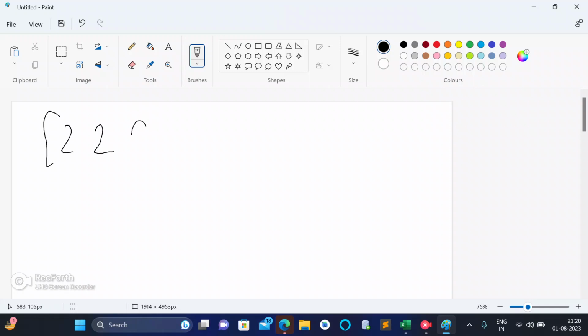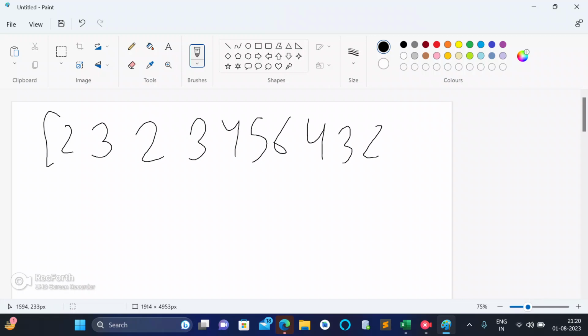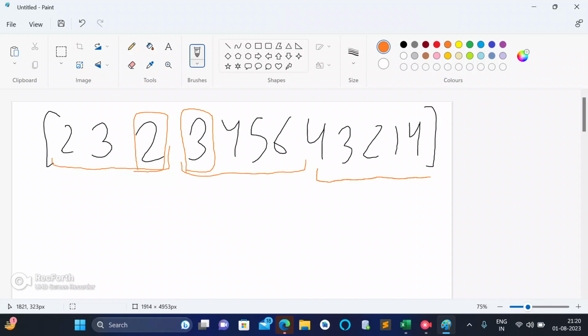Let's say I put the numbers as 2, 3, 2, 3, 4, 5, 6 and 4, 3, 2, 1, 4. One combination might be this 2, 3, 2, where this 2 would be the length, this 3, 4, 5, 6, where this 3 would be the length, and this 4, 3, 2, 1, 4, where this 4 would be the length. Okay, so our approach would be that we will traverse from left to right.